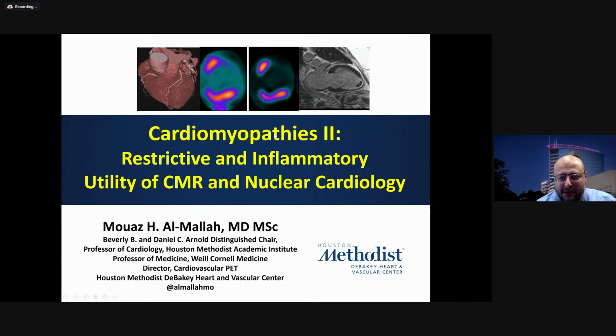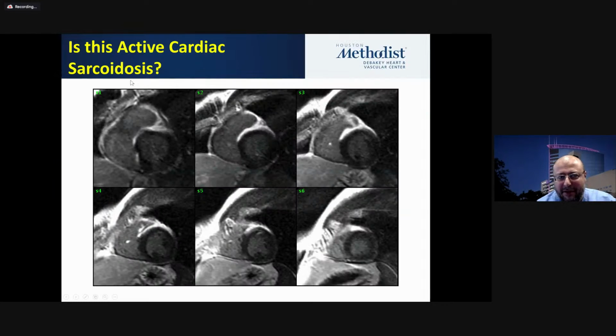I'm going to focus today on two conditions, starting with inflammatory cardiomyopathies, where Dipan has covered in depth the role of cardiac MRI. This is one of my patients who presented with non-sustained VT requiring multiple shocks, and the CMR shows a pattern very suggestive of cardiac sarcoidosis.